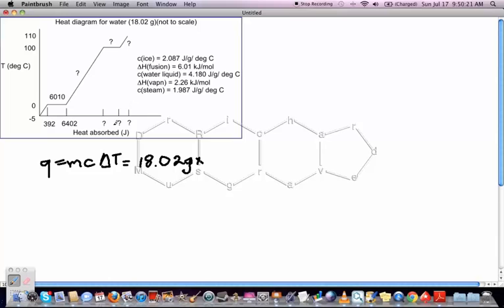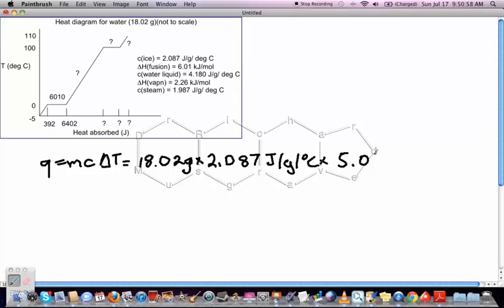And what we're going to use here for C is, because we're dealing with solid, we're going to use the heat capacity of the ice, which is 2.087 joules per gram per degree Celsius. And the delta T here, or change in temperature, is going to be from -5 to 0, which is going to be 5 degrees.